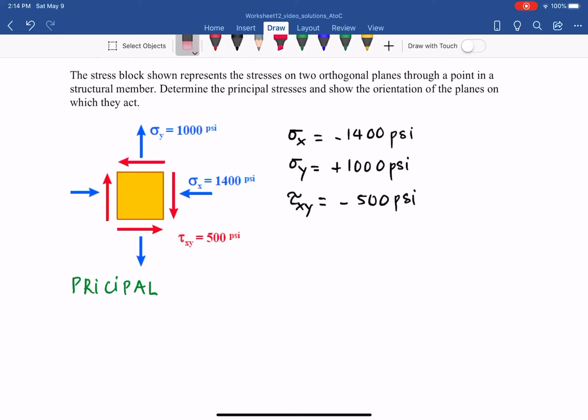Principal stresses. This is sigma 1 and sigma 2.